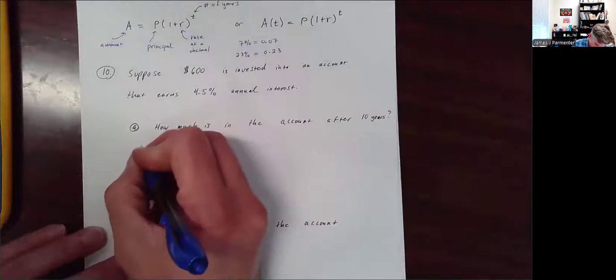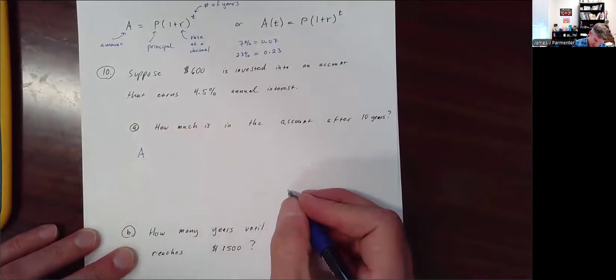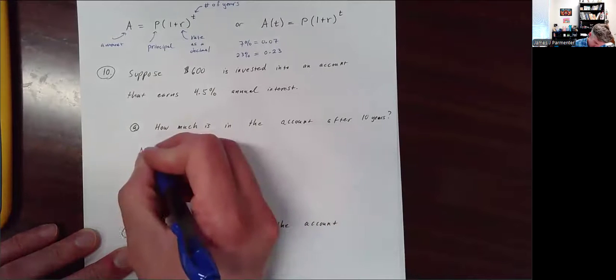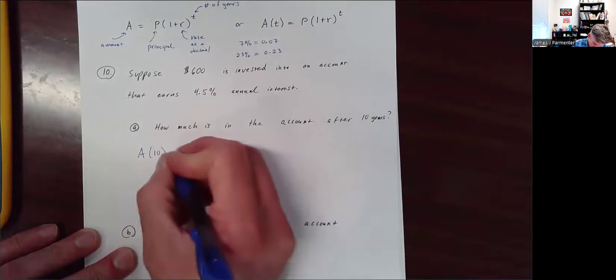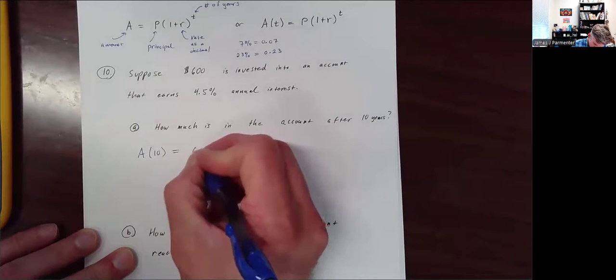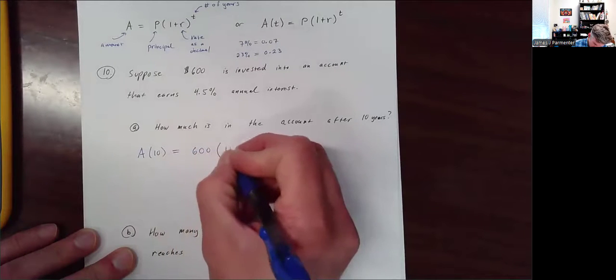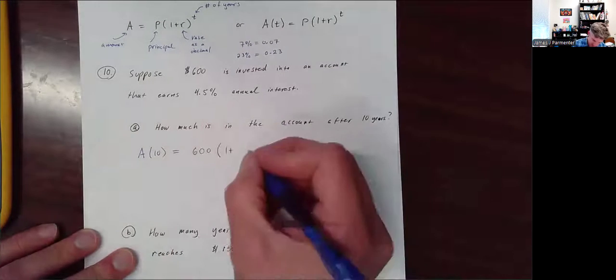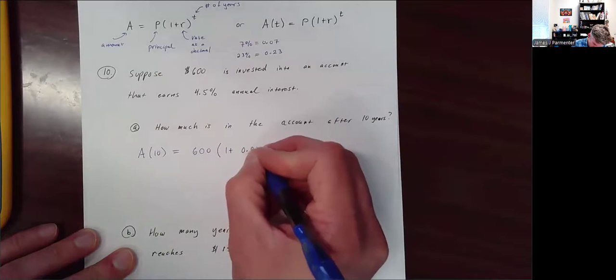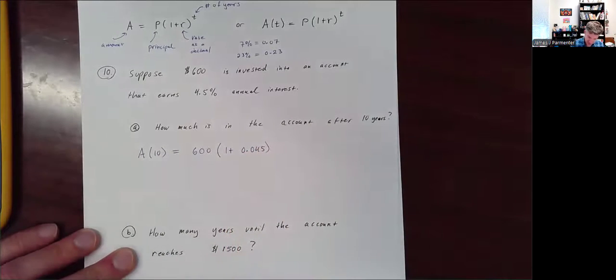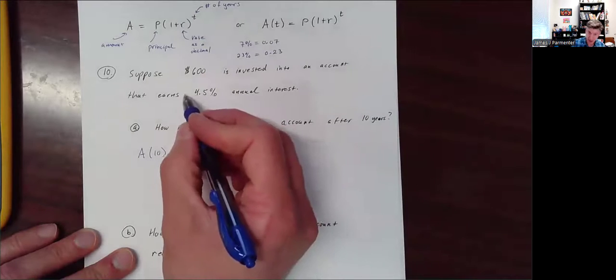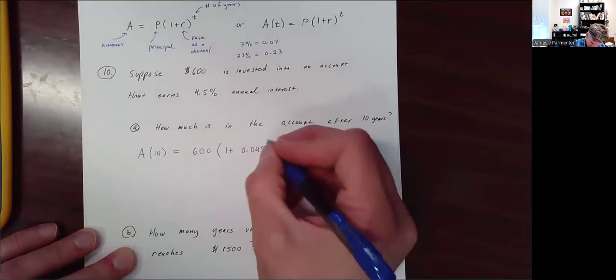So the amount of money after 10 years, if you want to write it this way, is equal to the principal, $600, times 1 plus the interest rate, 4.5% is going to be 0.045. Right, you're moving that decimal over 2 places, raised to the 10th power.